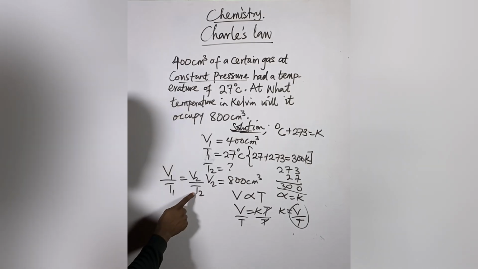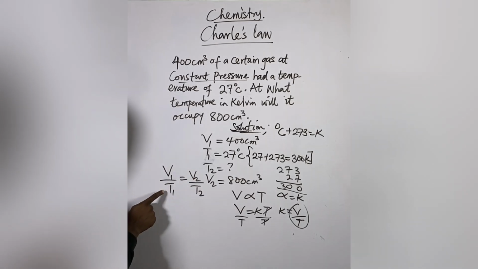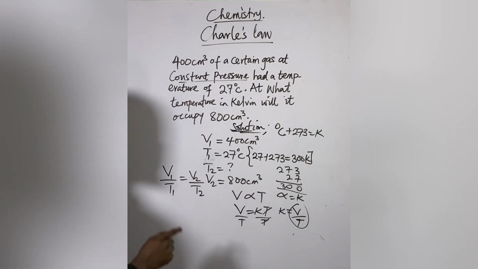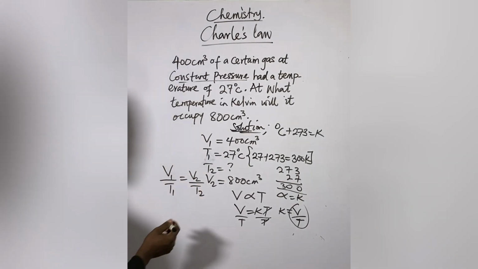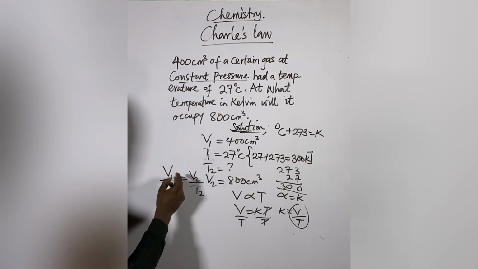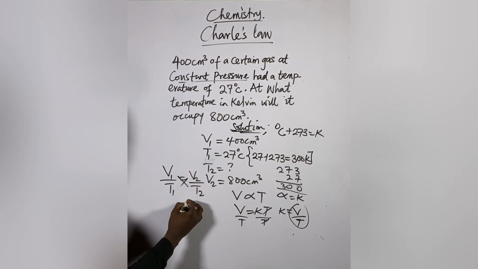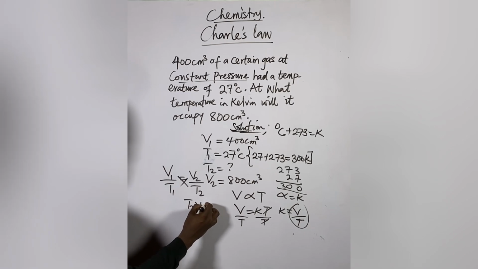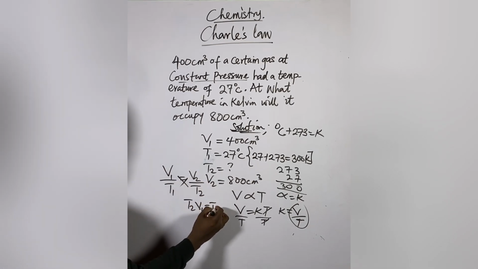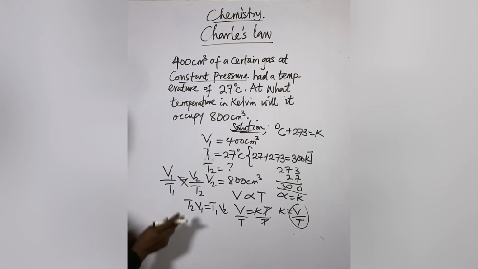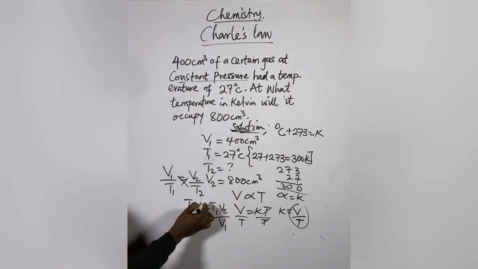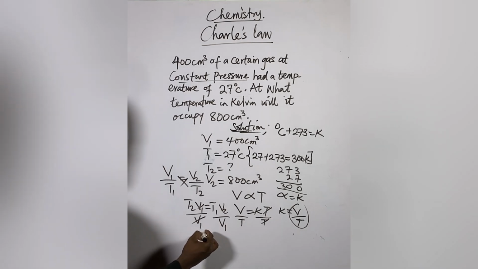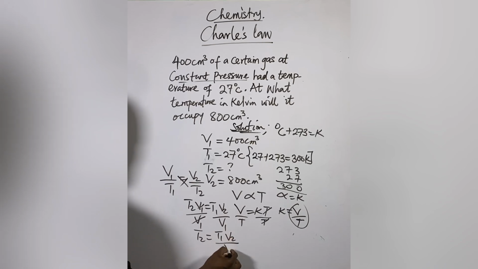Cross multiply: T2 V1 equal to T1 V2. Since T2 is what we want, divide both sides by V1, V1 and V1 will cancel. So T2 equal to T1 V2 over V1.